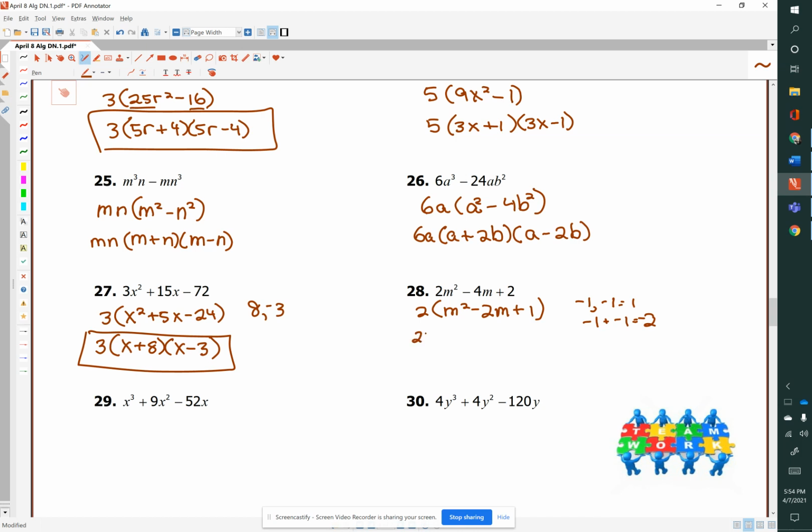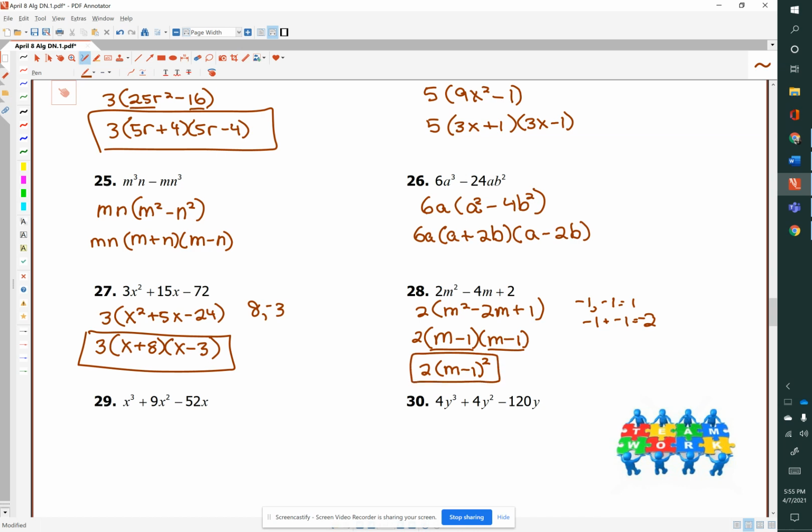So we start with our factored out 2, and it would be m minus 1, m minus 1. Now, I hope you see what's going on here. We've repeated this binomial, so we can actually rewrite this as 2 times m minus 1 squared. And that's our final answer there.